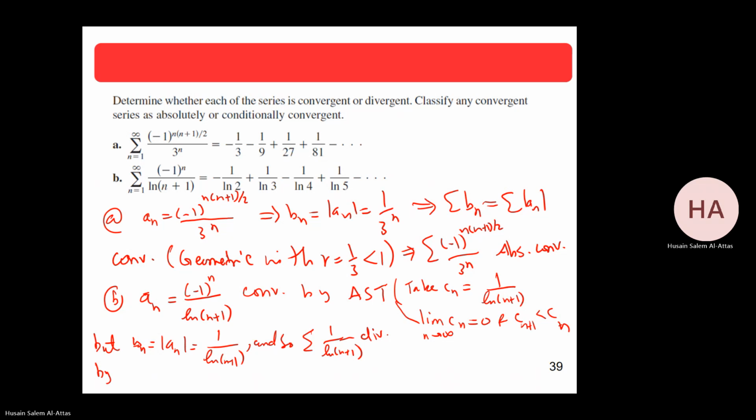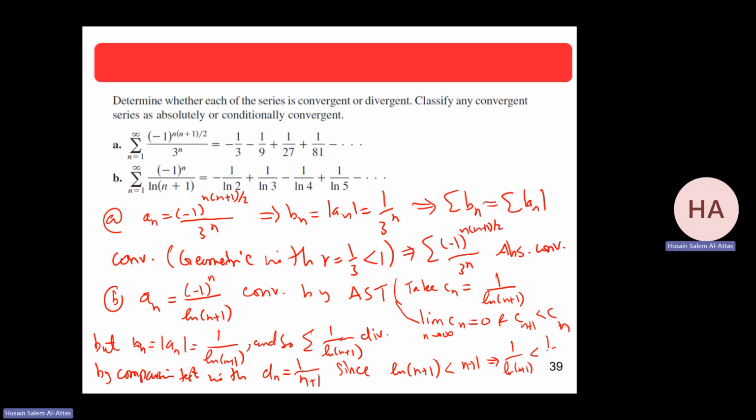By the comparison test with Tn, let me say, 1 over n plus 1. Since ln of n plus 1 is less than n plus 1, 1 over ln of n plus 1 is greater than 1 over n plus 1, and this diverges, very clear. So this series diverges.